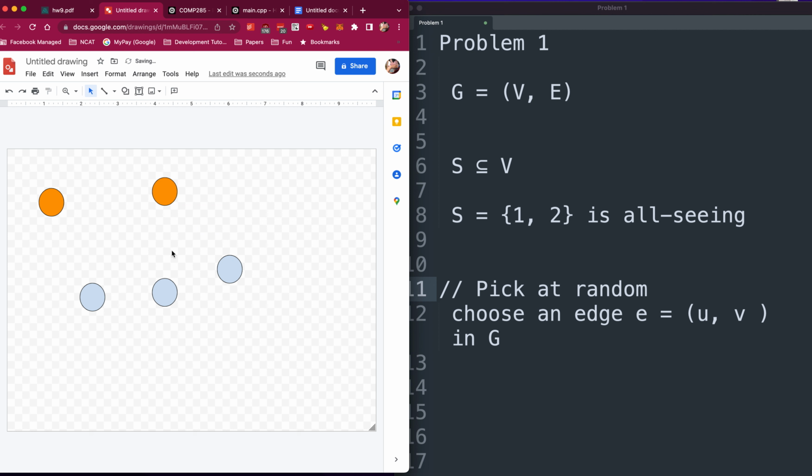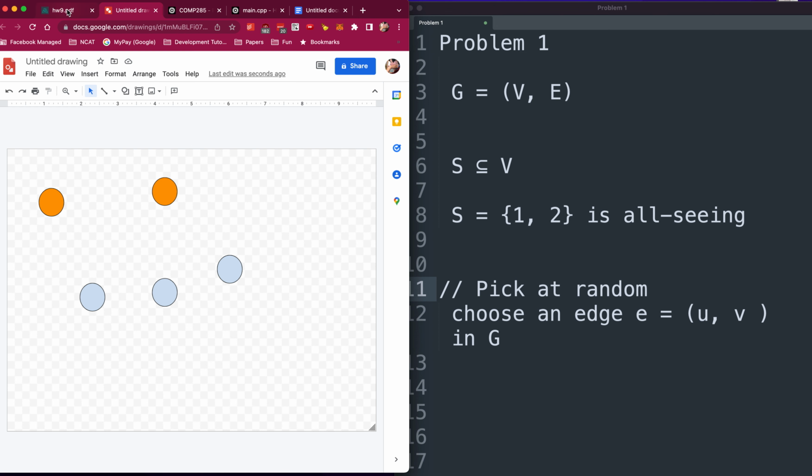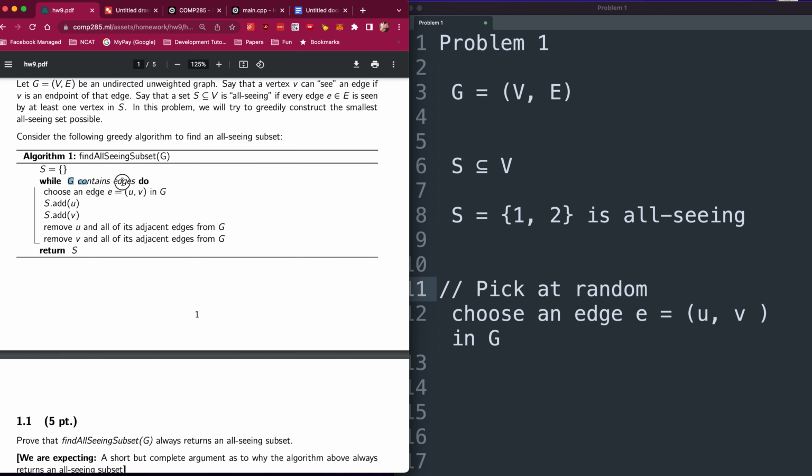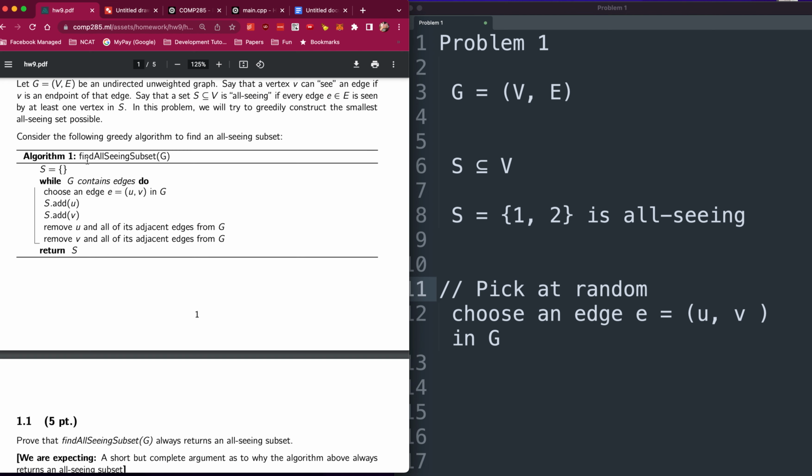What am I doing? I'm basically removing all the edges that these vertices can see. And then, in this case, we're done. At that point, we actually pick these two vertices, and now G has no edges, so we're done and we return S. So you can see that this actually returned 2. So that's how the algorithm works.